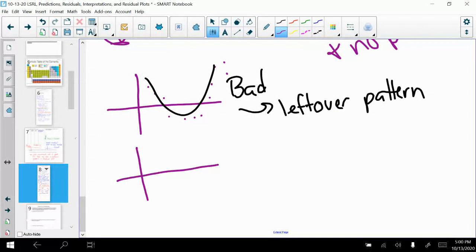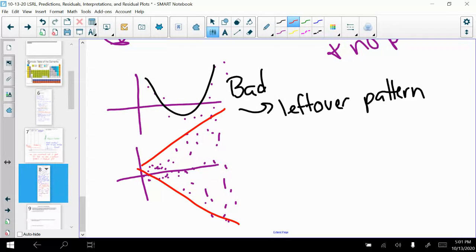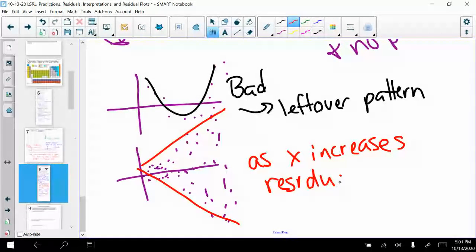The only other issue that we really get into with residual plots is sometimes you'll see this and it's called fanning. What it is, our model starts out pretty good, and then as time goes on, our model gets worse and worse. See how we have created this sort of triangle or fan shape where as x increases, the residuals increase.